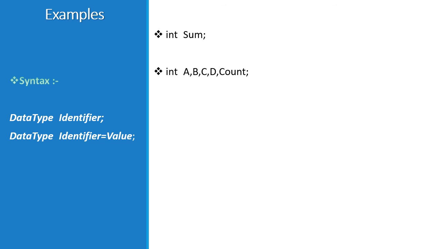The third example is of float: float A, B, mul = 1, add = 0, count = 7. In this example, we have assigned values to the identifiers, that is mul is equal to 1, add is equal to 0 and count is equal to 7. The fourth example is char name[], which is a character type data type.